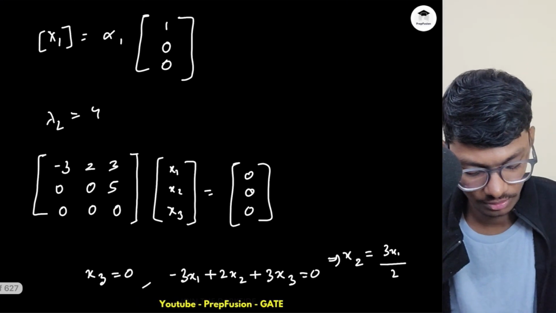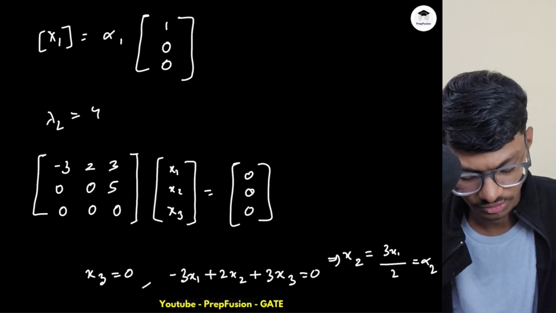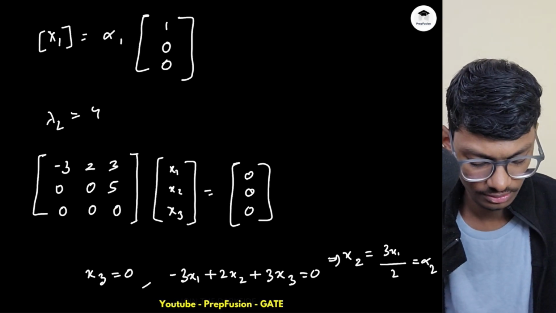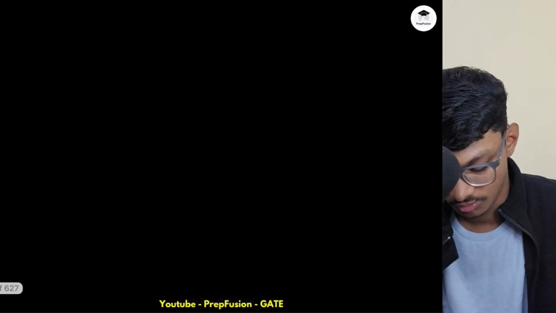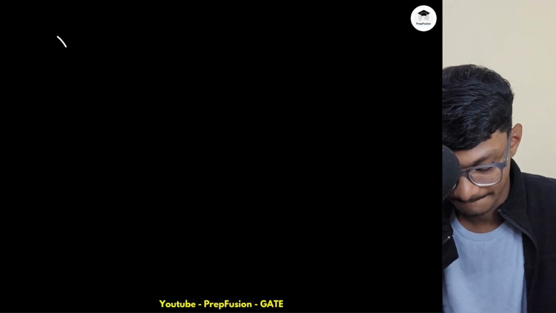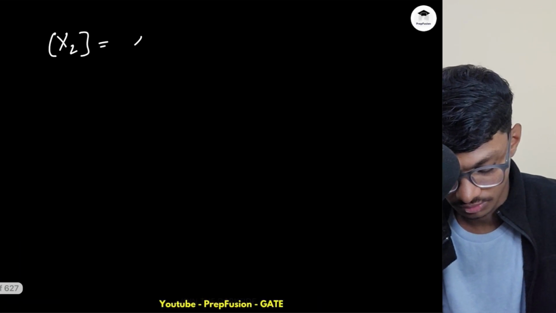So basically I can choose my x1 as alpha 1. Alpha 1 has already been chosen, so I can choose my x1 as alpha 2. So my eigenvector x2 here will be simply, I can take common alpha 2.